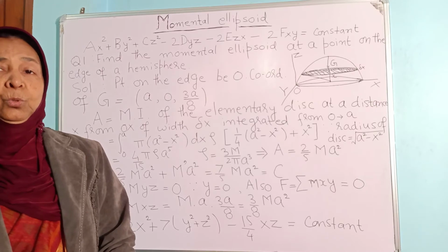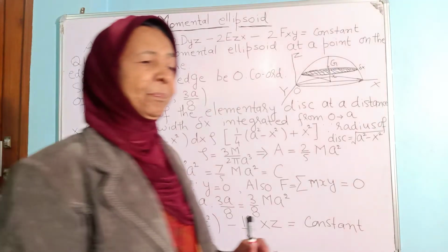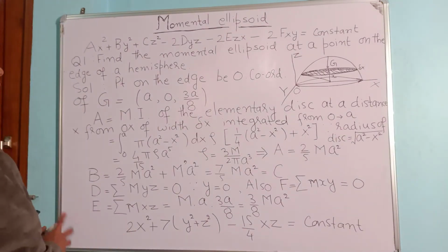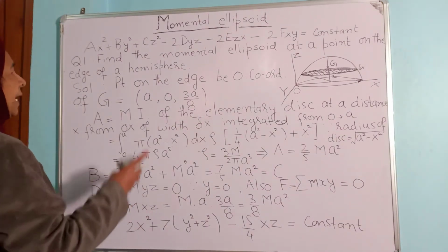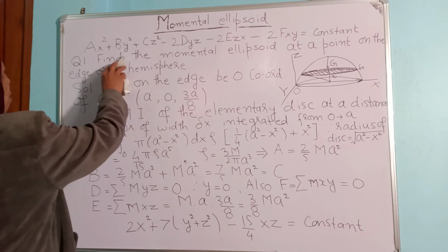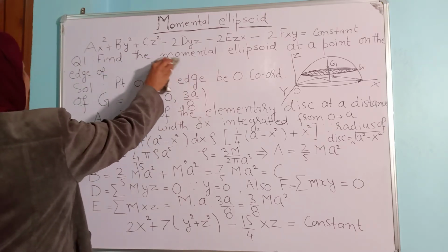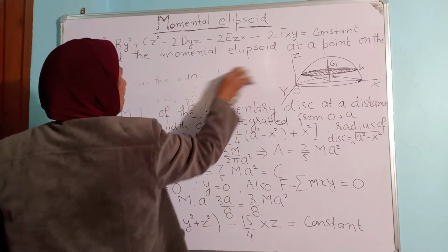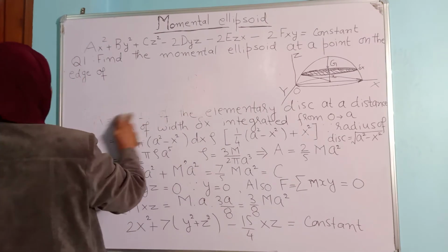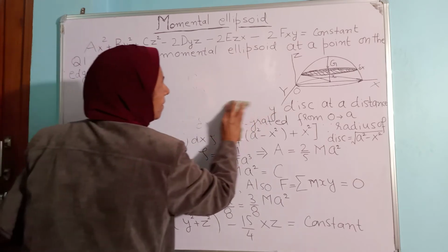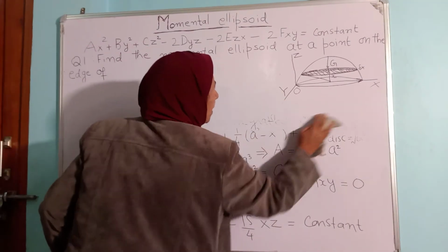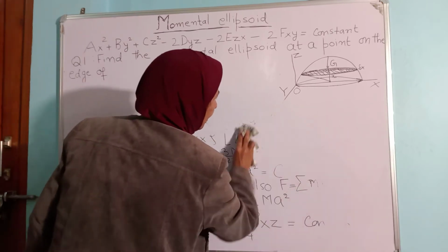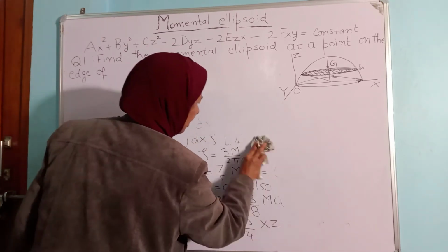Now let me do one more question today, and that is to find the momental ellipsoid at a point on the edge of a next question. Now in this question, this is a question of 2 dimension.